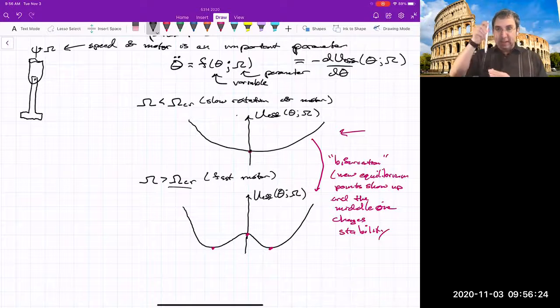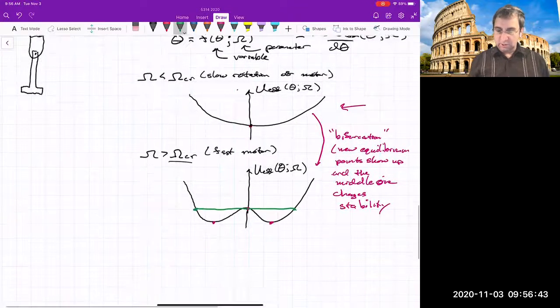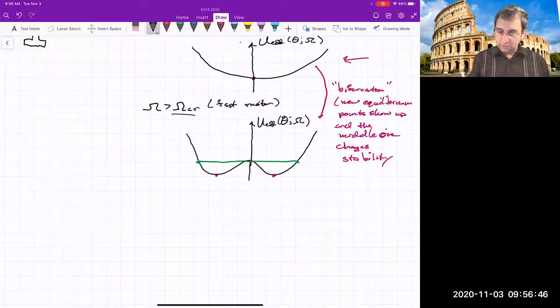Now that downward position is unstable, and any small perturbation will send it going away from the bottom position. So to use what we've been talking about, it'll actually shoot out and go toward these turning points. If we were to plot right below, what does the phase portrait look like?